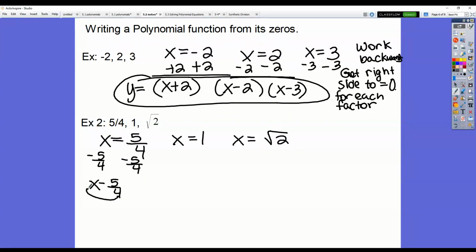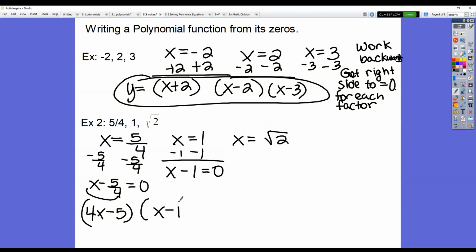Just know that's got to slide over, because we're not going to leave it like that. That looks funky. That's a real factor. This is a real factor.